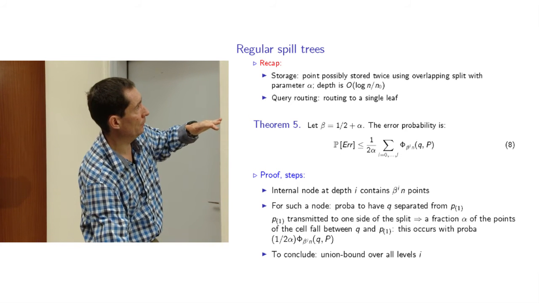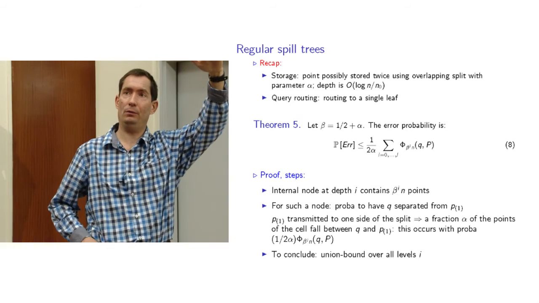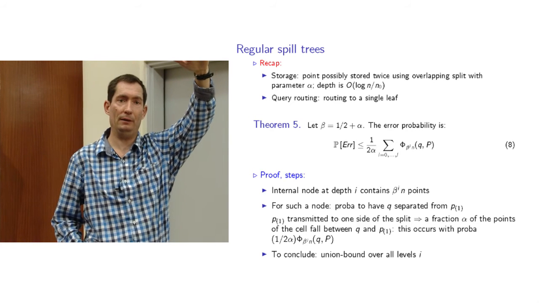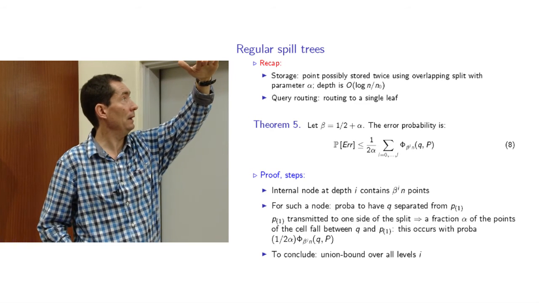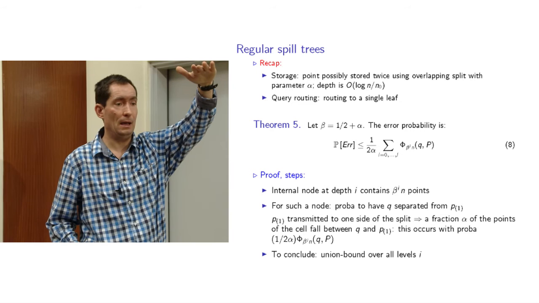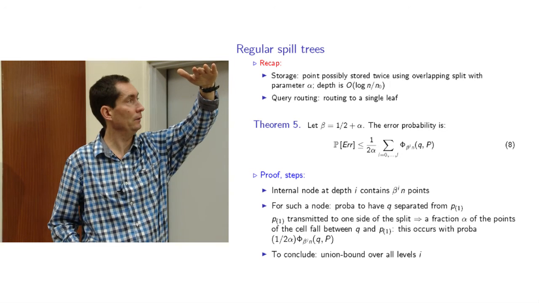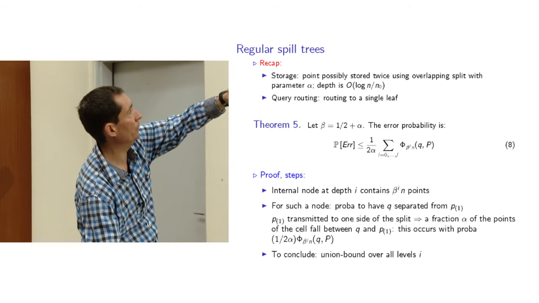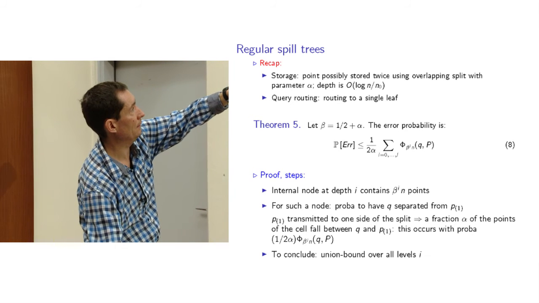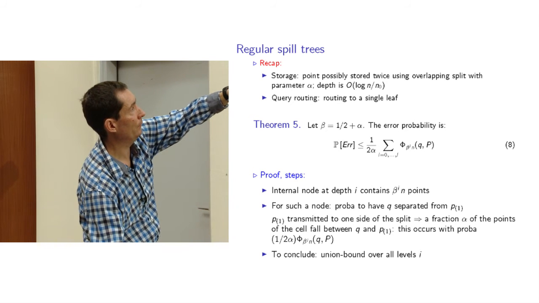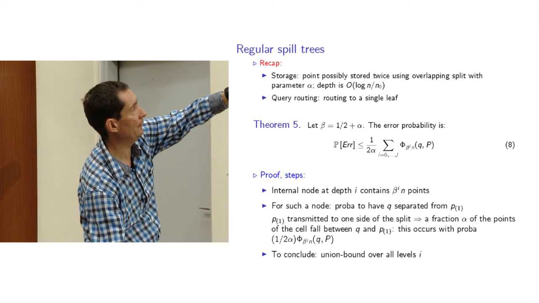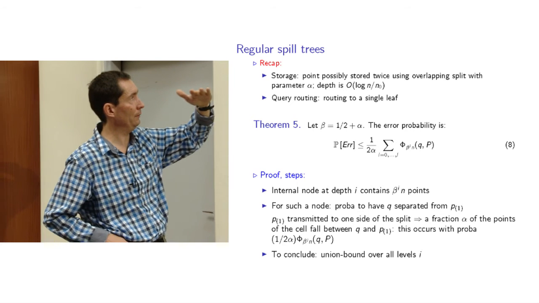Remember that we are starting with n points. The root of the tree is at depth 0, i equal to 0, and it has n points. So if i is equal to 0, this is phi of n, q, p. When i is equal to 0, this is standing for the root of the tree.